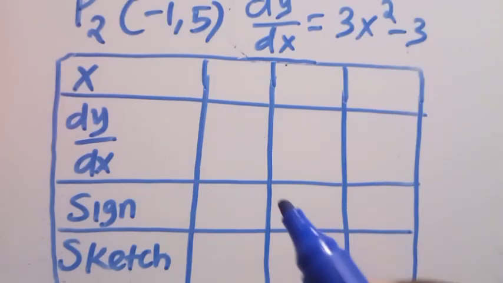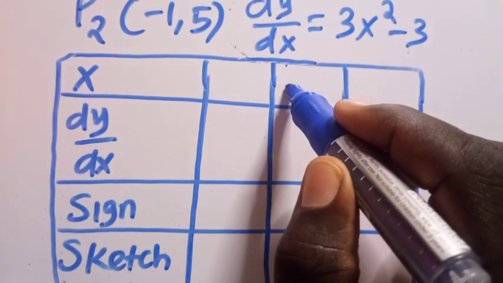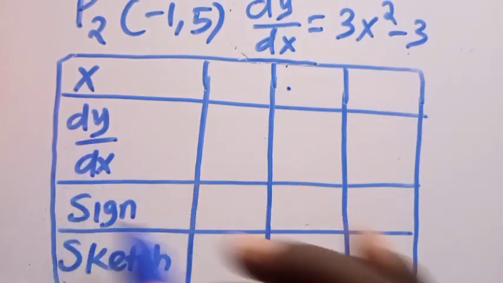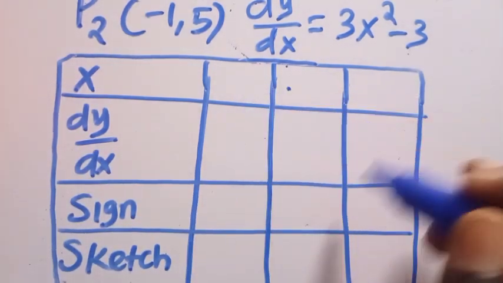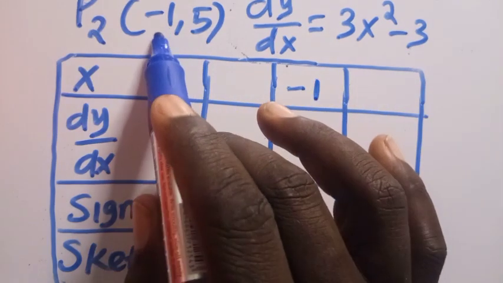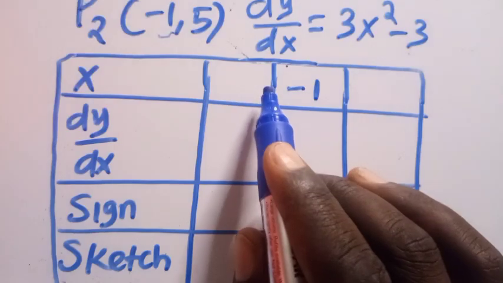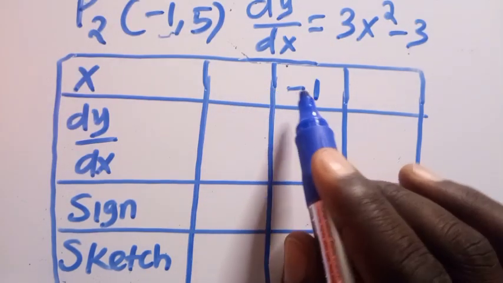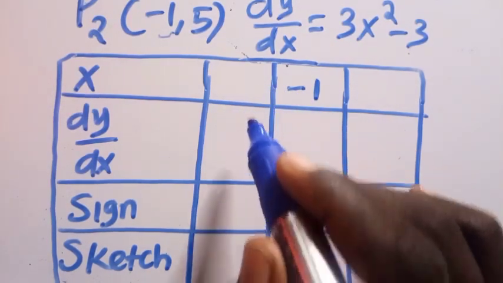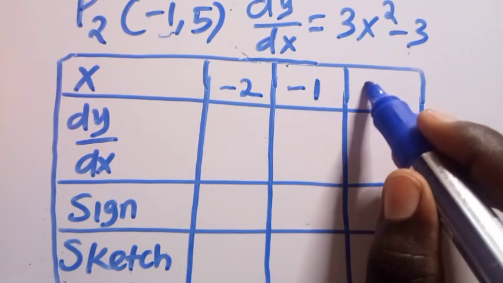We shall have a table with 3 columns. We shall have negative 1, the value of x, at the center. Then just before negative 1, we shall have negative 2. And after negative 1, we shall have 0.